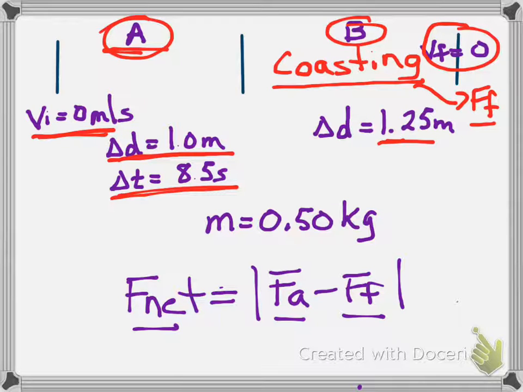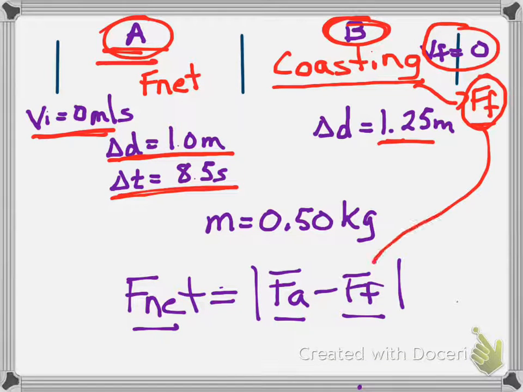Section B is going to give us a negative acceleration. Section A, positive acceleration, we're going to ultimately find F-net. In section B, coasting, we're ultimately going to find frictional force. So we're going to figure out frictional force of that equation, and then we're also going to figure out F-net. This will allow us to figure out our overall applied force.